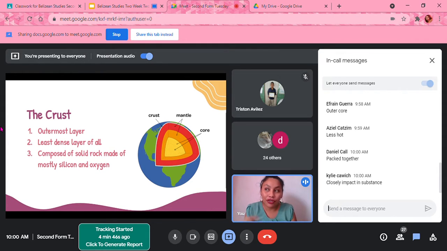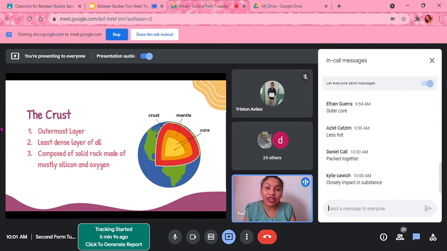that I could go in my backyard and dig a hole. Maybe I might get tired, yes, but it won't be as difficult as me wanting to go through the mantle or through the core. It's the least dense layer, so it's the least compact, meaning that the crust can move.